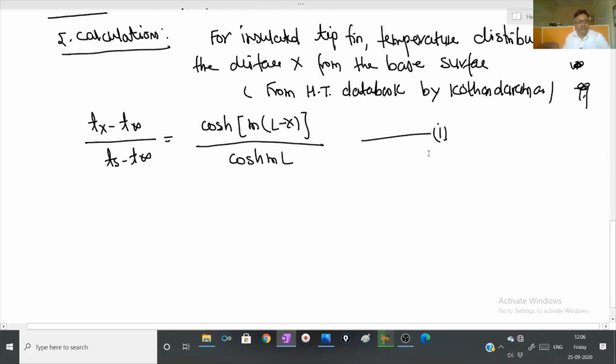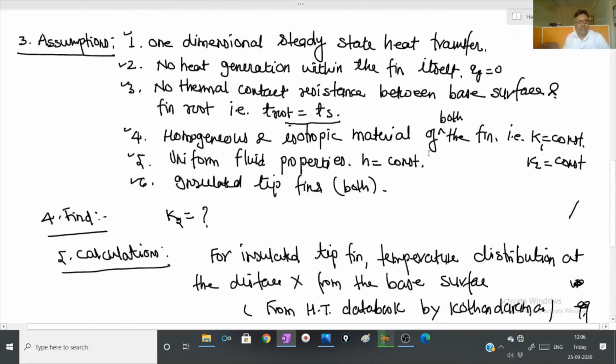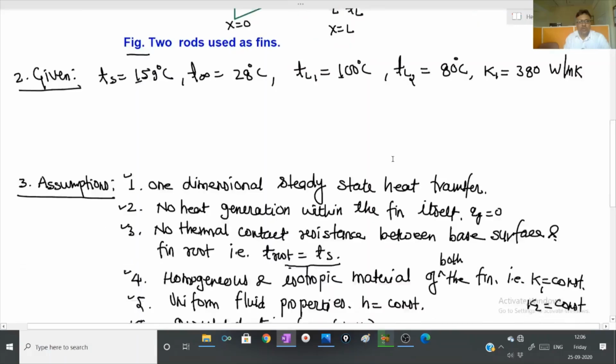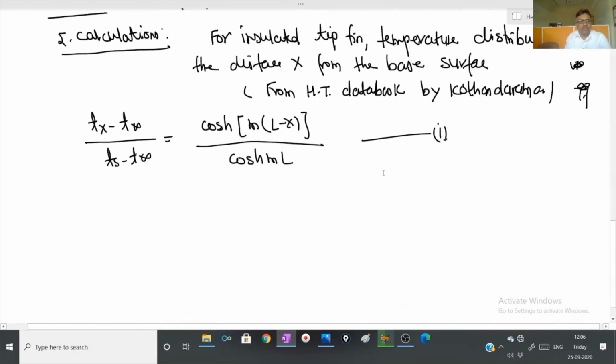Now, in the given problem, we have been given some end temperatures, that is, temperatures at x = L, or at the tip of both of the fins: 100 degrees Celsius and 80 degrees Celsius. So we have to modify this equation for the temperature at the tip of the fin.